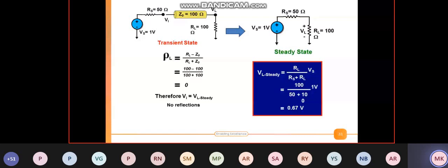In a simple sense, if you make the numerator of your reflection coefficient zero, that means if you match RL with Z naught, which is 100 minus 100, that gives you 0, and anything divided by 0 is 0. So there wouldn't be any reflection from the load side, and hence there will not be any reflection from source to destination.